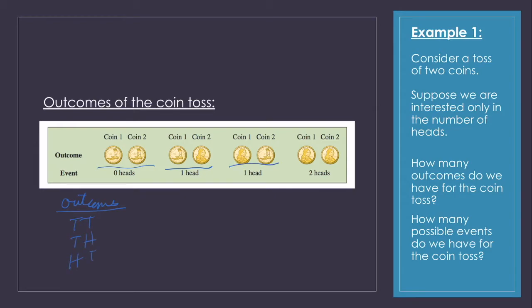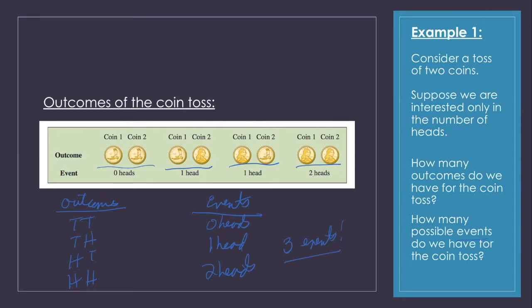Two heads, head, head. Those are our four possible outcomes. But how many possible events could we have if we are considering the number of heads? Well, our events could be 0 heads, 1 head, or 2 heads. So there are 4 outcomes, but 3 possible events.